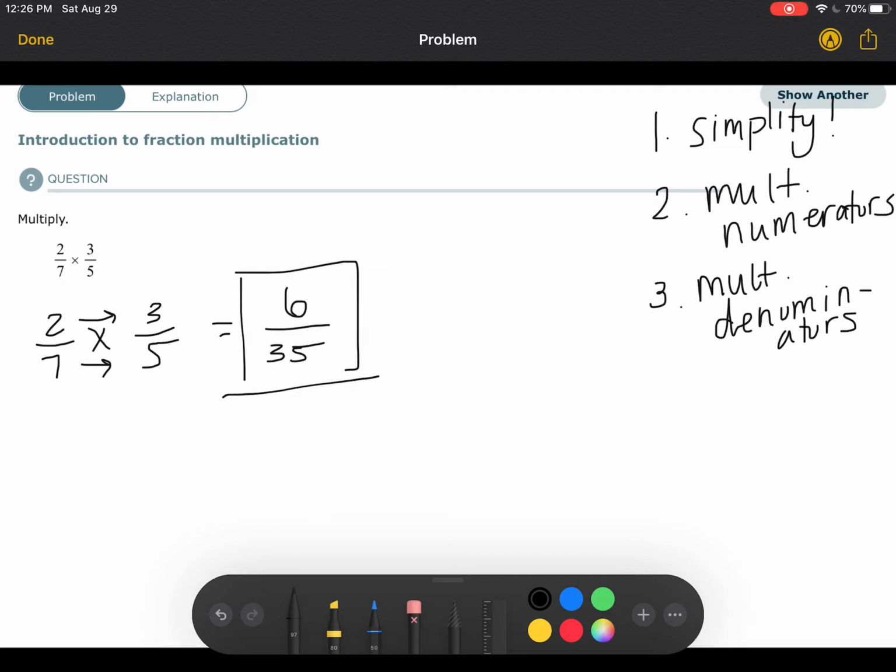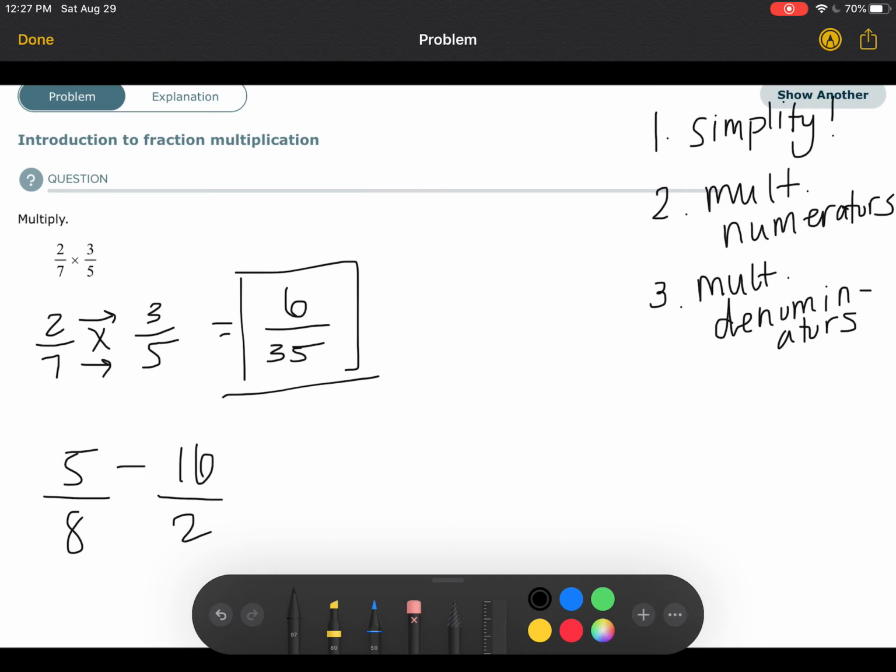Now I'm going to talk real quick about why it's important to simplify before you multiply. So let's say I had 5/8 and, I don't know, 16/2. I would tell you to check to see if you can simplify before you multiply. So let's just say that I don't at first.